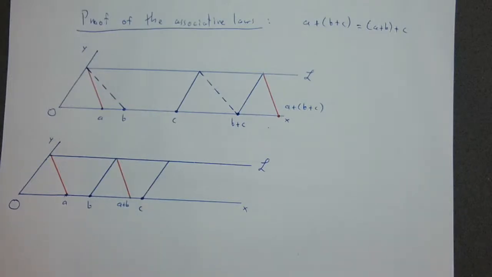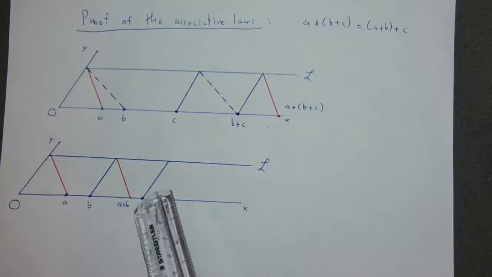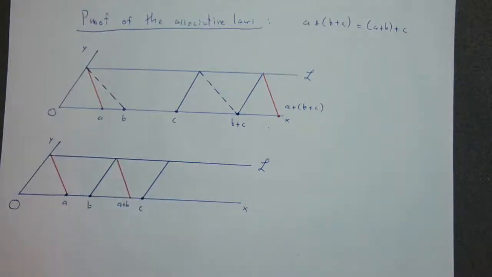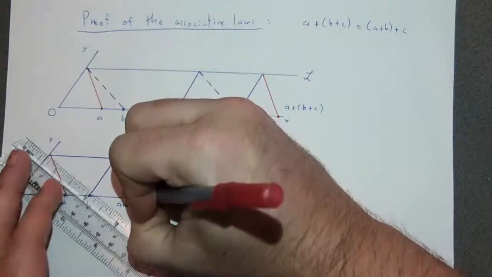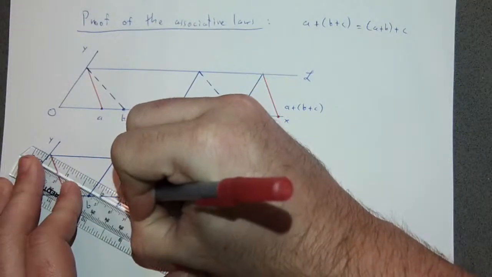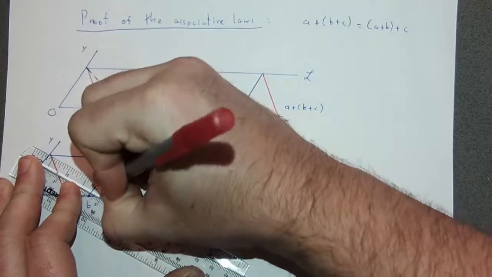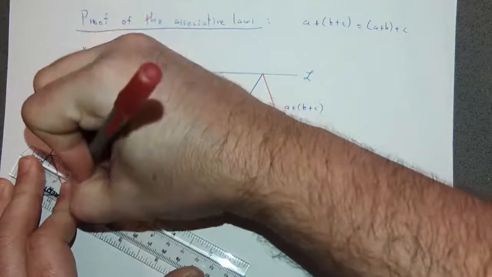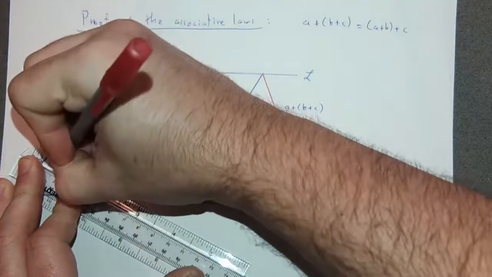And so what I need here is a line from A plus B to this intersection point on the y-axis. I'm going to draw this like a dashed red line. I'll make my diagram nicer here in a second.